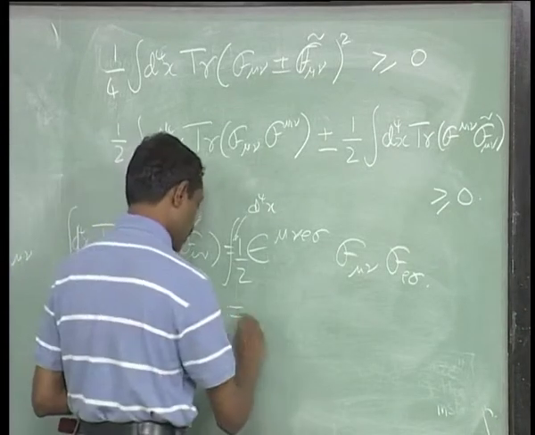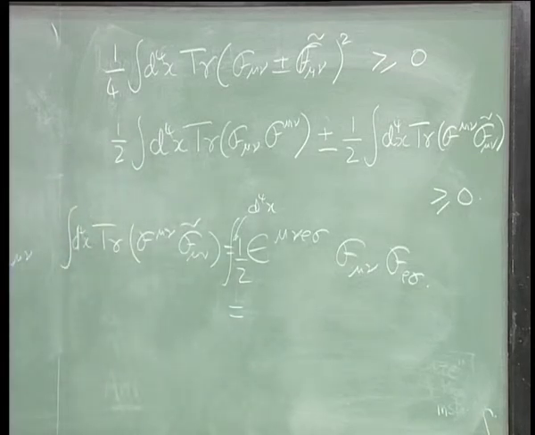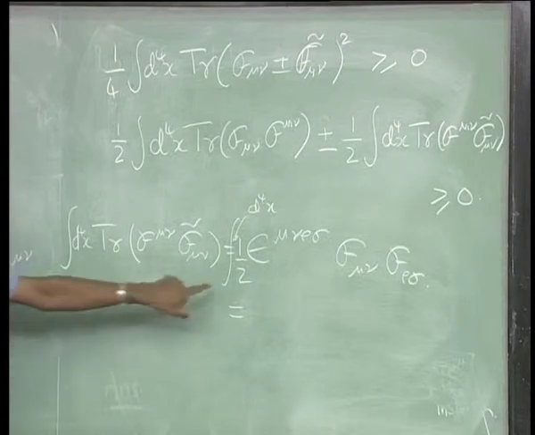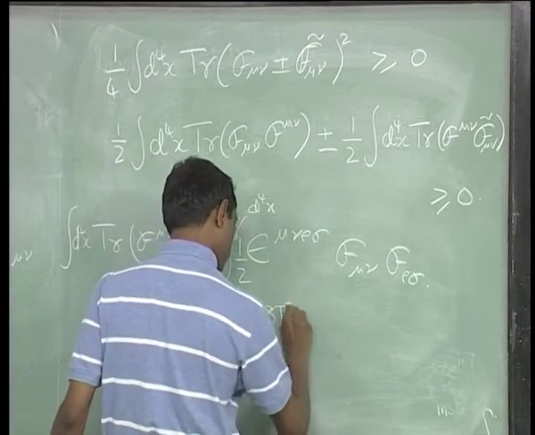So the integral of that thing is equal to minus 16, and there is a half here. So this becomes minus 8 pi square n.